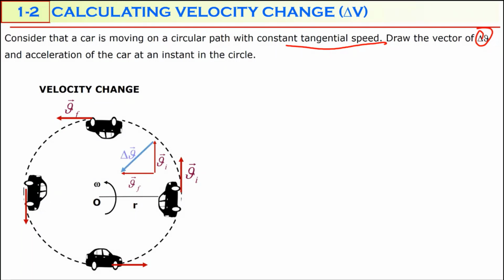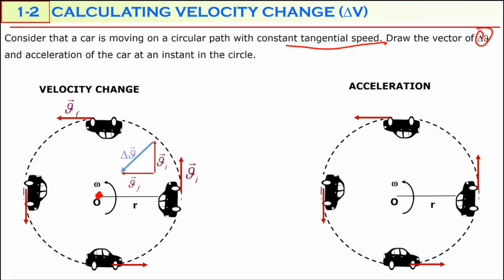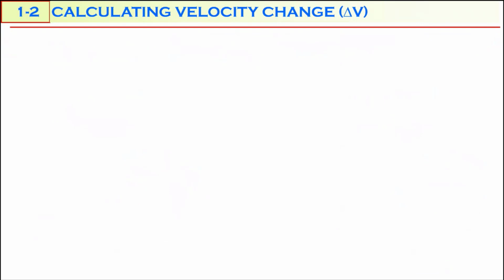Delta V. Delta V is pointing where? Center. Delta V is pointing to the center of the circle. If delta V is pointing to the center of the circle, what about the acceleration? Acceleration also must point to the center of the circle. This is called centripetal acceleration, because it's pointing to the center of the circular path.